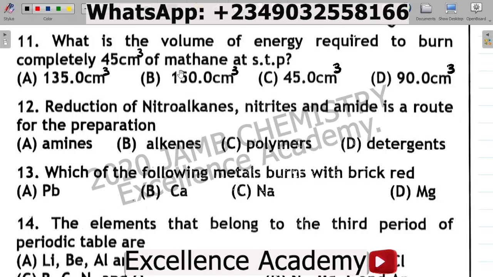So what you have is methane burning. When we talk about the burning of methane, it's called the combustion of methane. To answer this question, we need to write the equation for the combustion of methane.